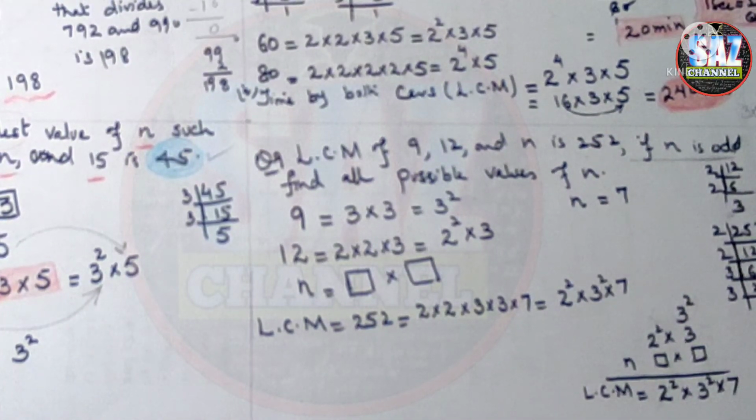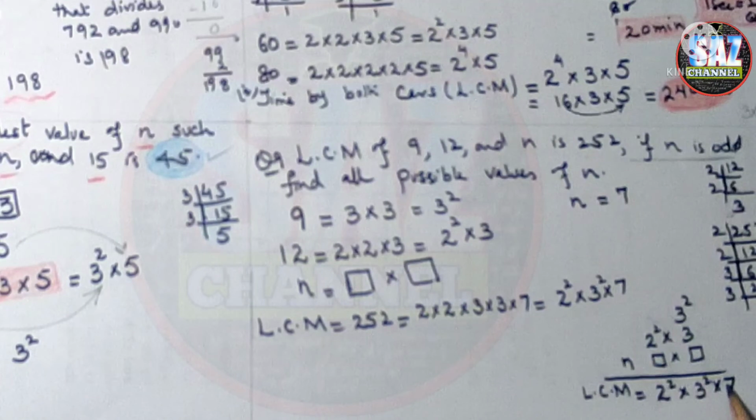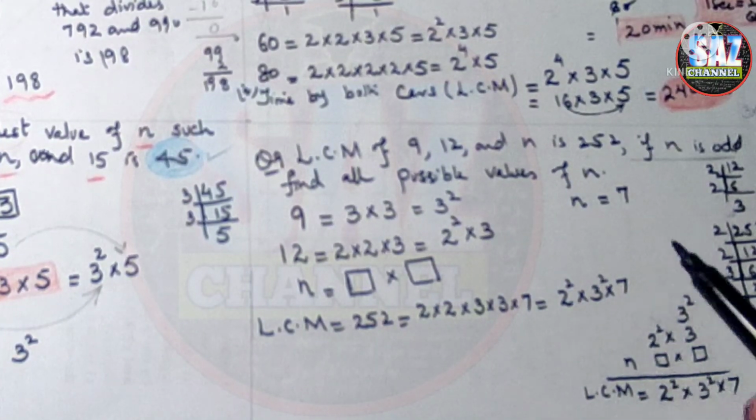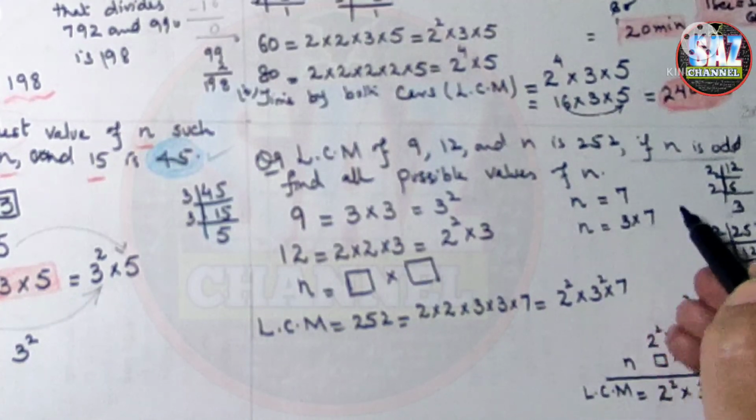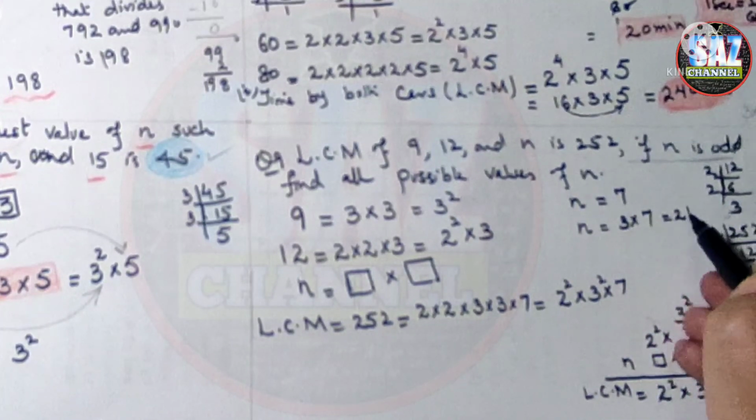Let's talk about the second possibility. I have to make sure my LCM remains 2 square, 3 square and 7. As the LCM contains 7, if I take one factor of n as 7 and one factor 3, then n can be 3 multiplied by 7, which is equal to 21.